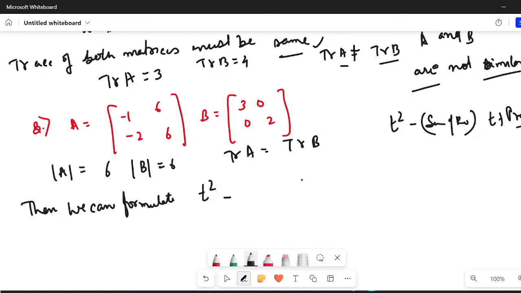The product of roots is the determinant, and the sum of roots is equal to the trace. So it is t square minus 5t plus 6. So both of them have the same characteristic polynomial also.